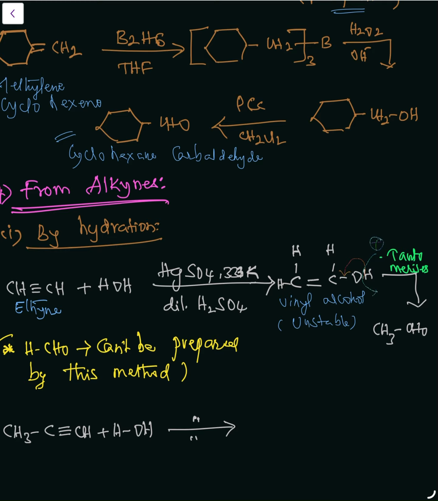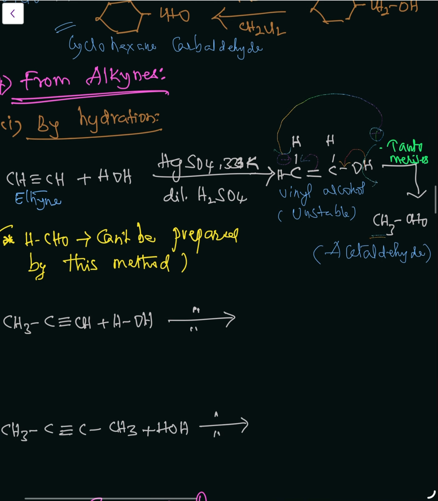Then this double bond is shifted to this carbon. Here you will get a negative charge. That hydrogen will attack on this. Then CH2 becomes CH3, and here the CHO group is there. So this is acetaldehyde.